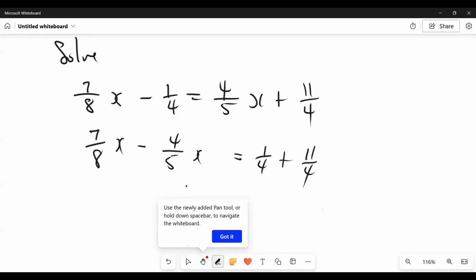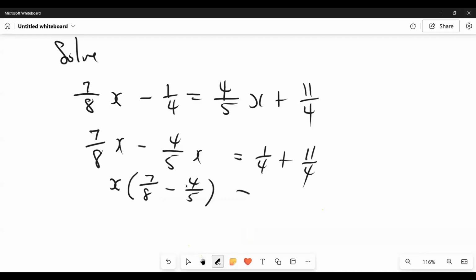Some people do that. And then they'll do this subtraction. So you probably bring out the x outside, factorize it out. 7/8 minus 4/5, right? What's this? Equal to, what's this? 12 over 4, right? They'll do this little bit of arithmetic. Anybody doing it fast?